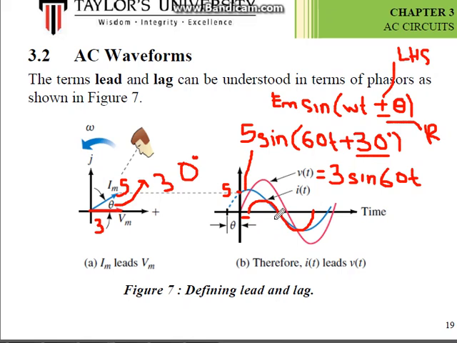So for this one, let's say it starts over here, and I put it as 10 sine 60t, just for easy reference, because the most important thing is that I want to show this part over here. It can be, let's say, minus 40 degrees. If it's minus 40 degrees, which means this is of 40 degrees difference.